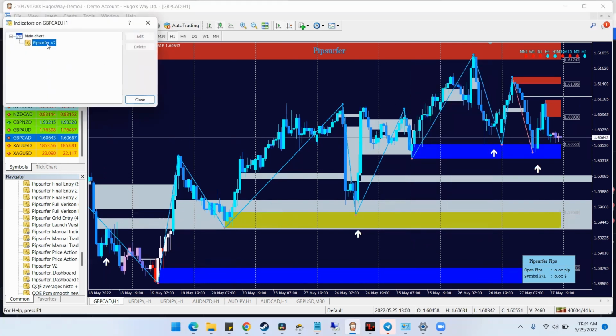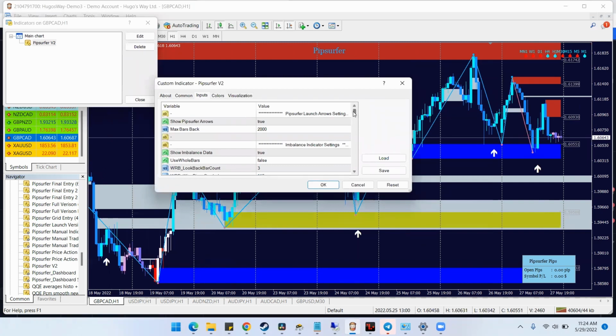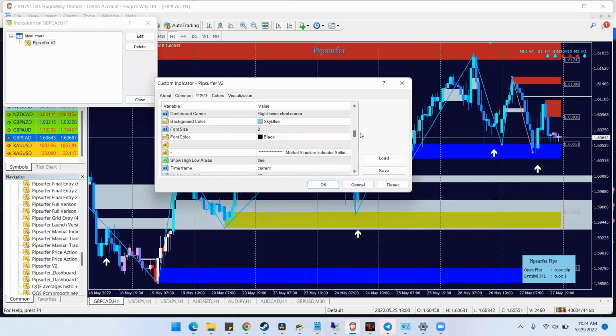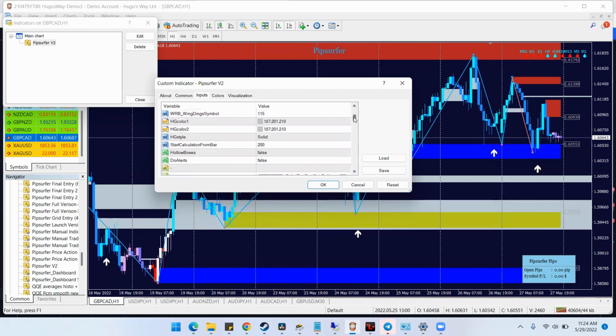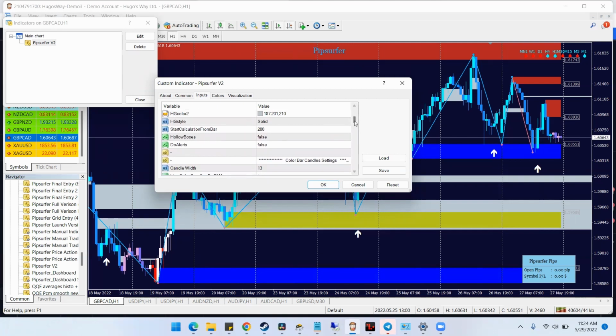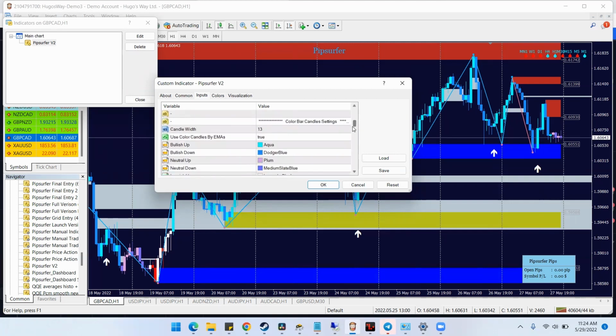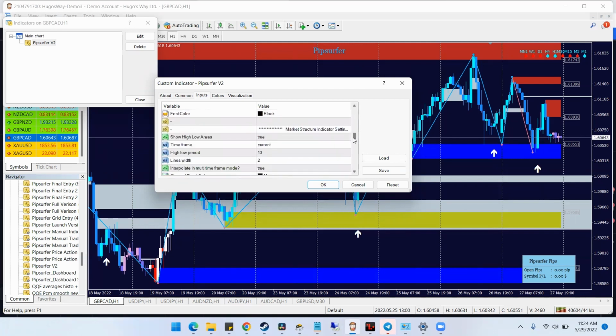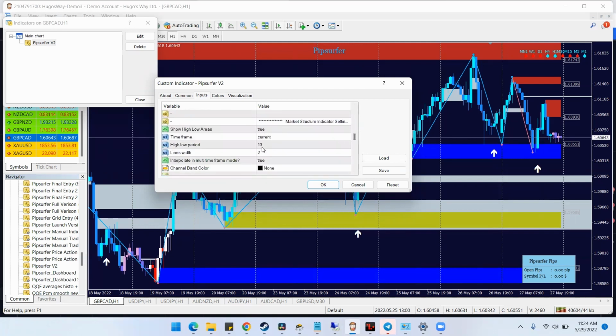Going into the settings, just a couple settings because there's a lot in here. These are the main settings you'll pay attention to: how far the imbalance will calculate from, like if you want to see past data, you can increase this number, and how sensitive you want the market structure indicator to be.